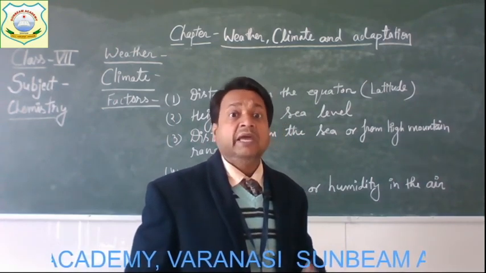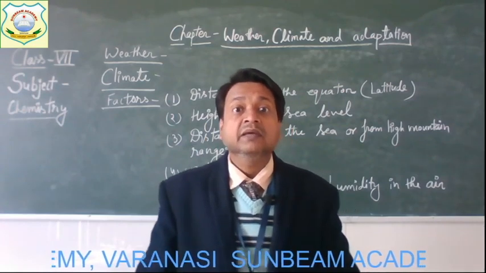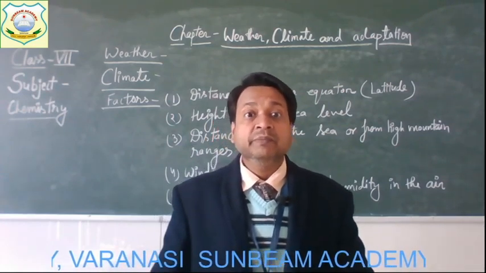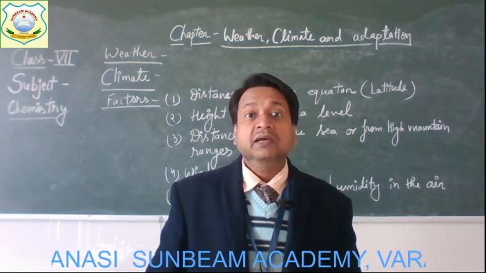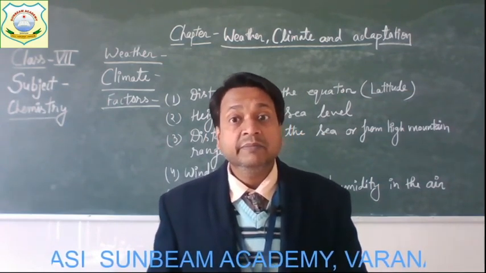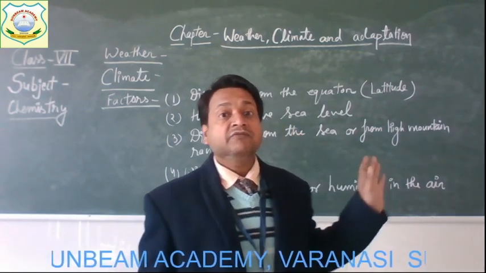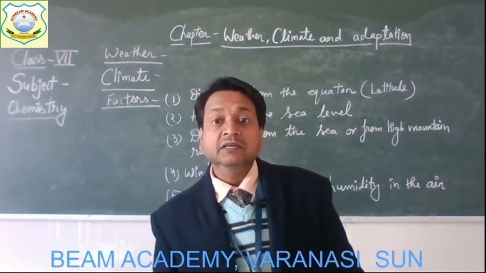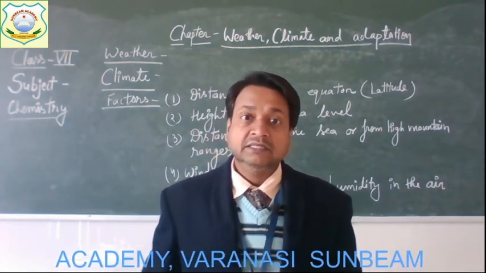Alright children, if the moisture is more in the air, the climate will be humid, or you can say cool. And if the moisture is less, it will be dry. Get it? So these are the 5 important factors which determine the climate of a place.